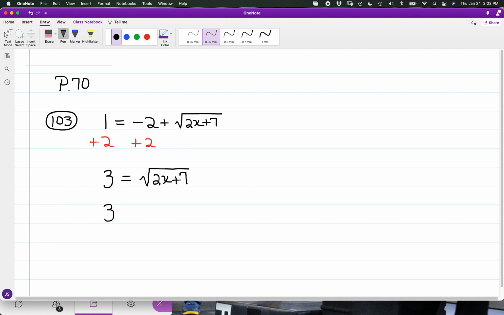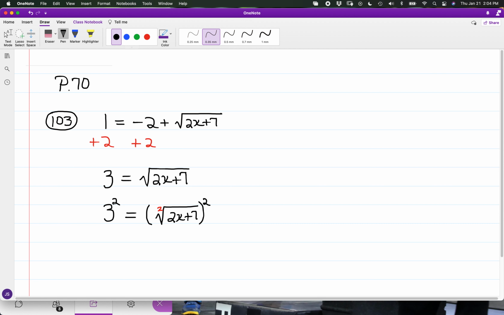So we have 3 squared is equal to the square root of 2x plus 7, which is going to be squared. If you were to display the index number, we have the second root of 2x plus 7.